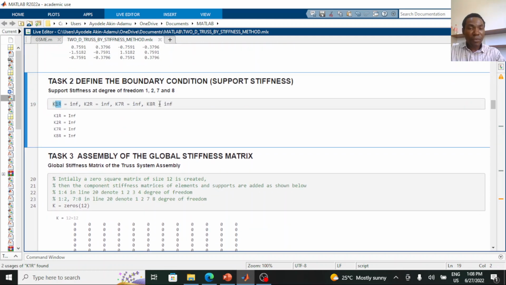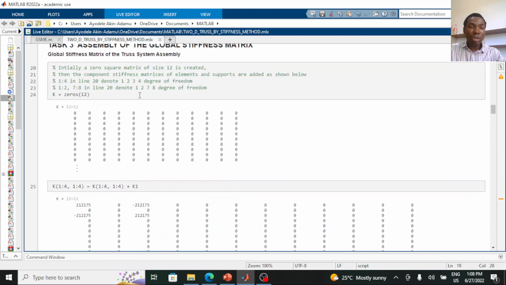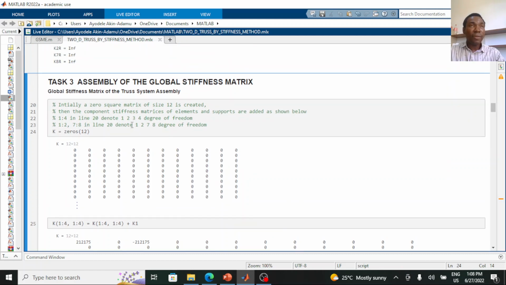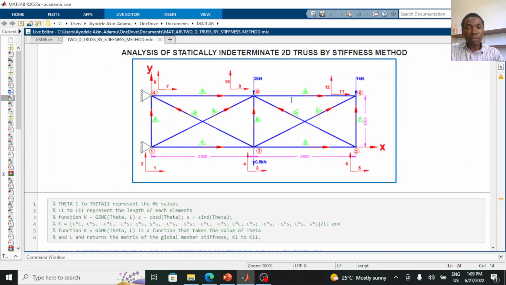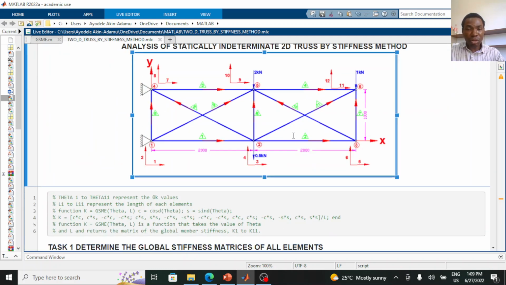Once we have defined this large stiffness, the next thing you need to do is define a base matrix. I normally start to assemble my global stiffness matrix with a base matrix, and that base matrix is a zero matrix. The size of this zero matrix is 12 by 12. Why is it 12 by 12? Because our problem has 12 degrees of freedom, as you can see in the question.